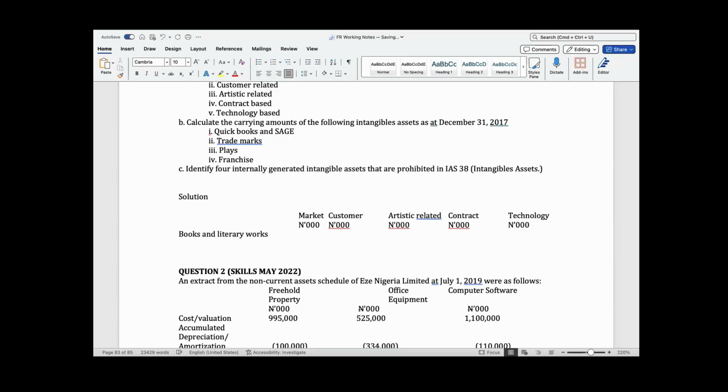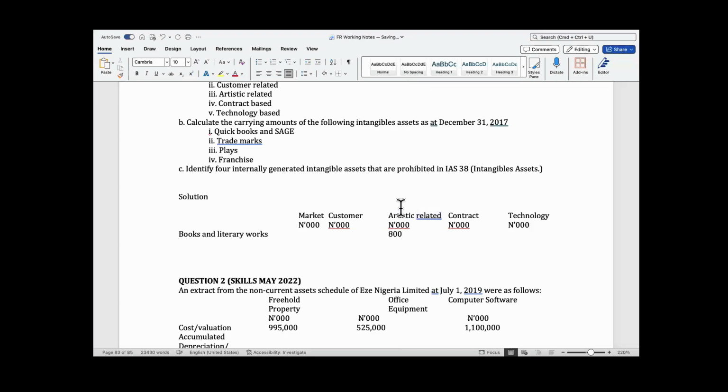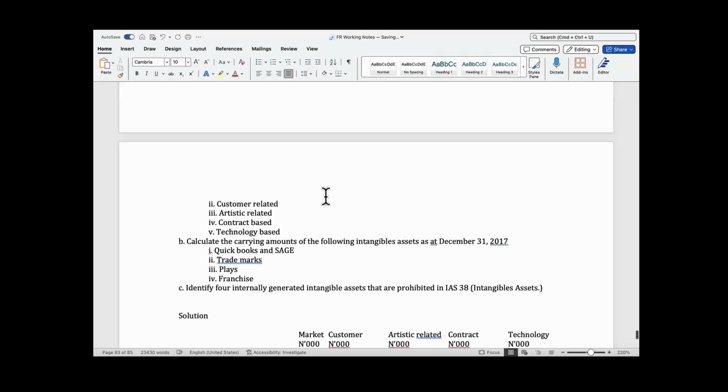I think it's more of artistic. What do you think? I think artistic for the books and literary works. Yes, it should be artistic rather than markets.